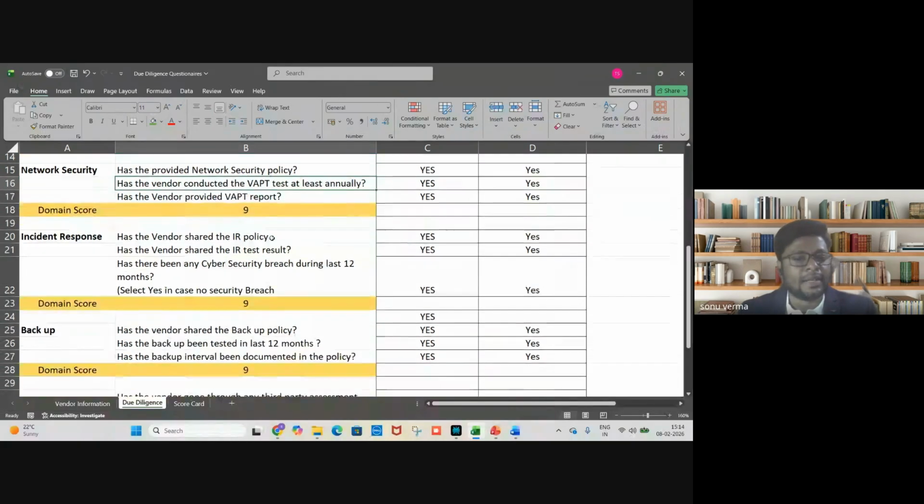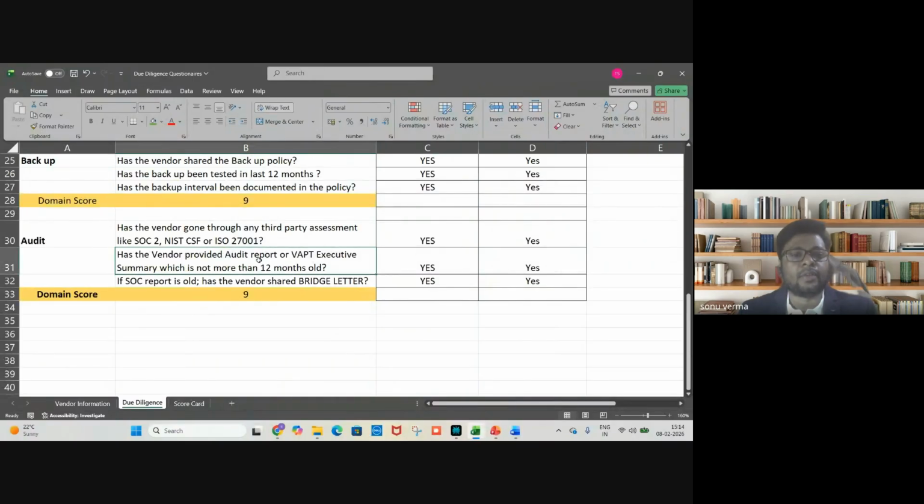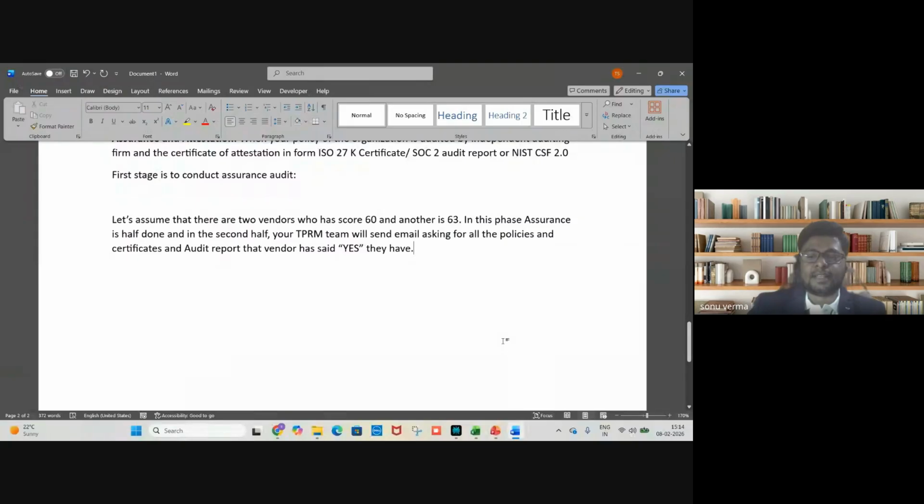But what about authentication? So say, okay, please provide me the ISO 27001 certificate. If they say yes, ask them to show their ISO 27001 certificate, or SOC report, or SOC 2 report, or NIST CSF report.